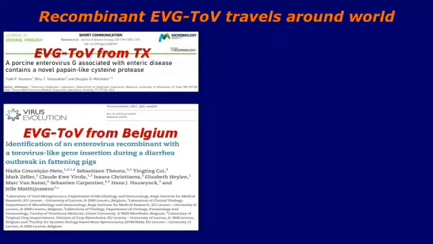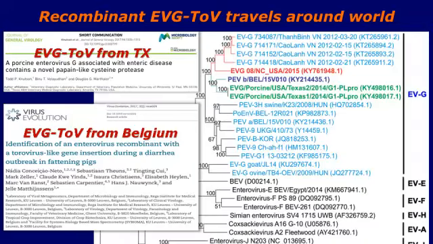Almost at the same time, two independent studies were reported. They found this enterovirus and torovirus recombinant from a herd in Texas and also from a herd in Belgium. The phylogenetic analysis shows this group of recombinants forms a very well-supported clade.